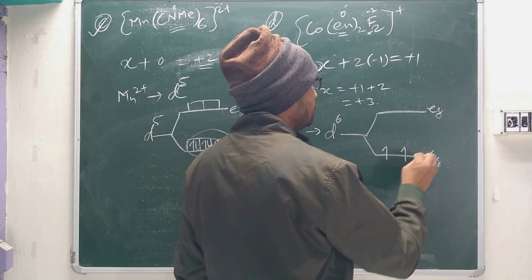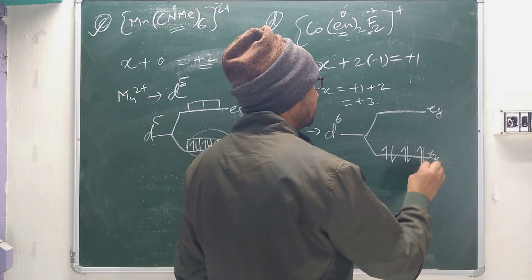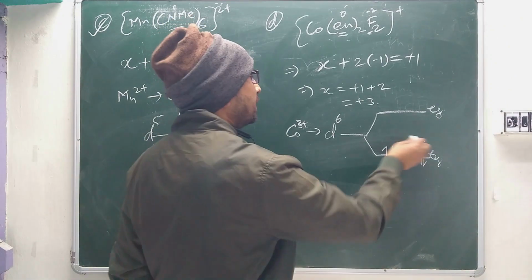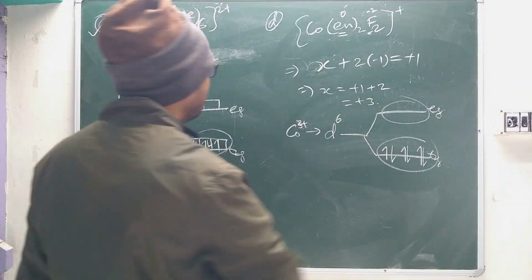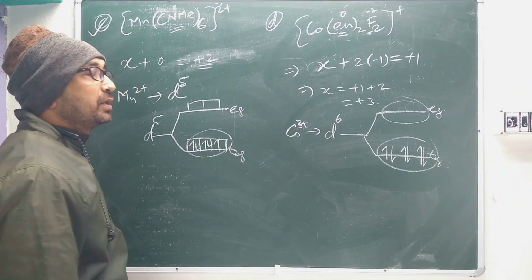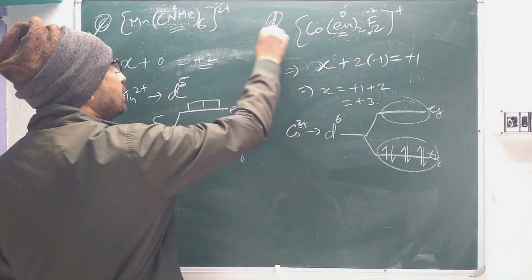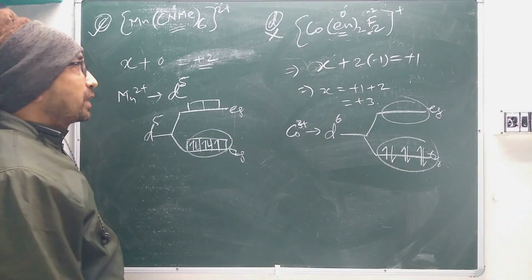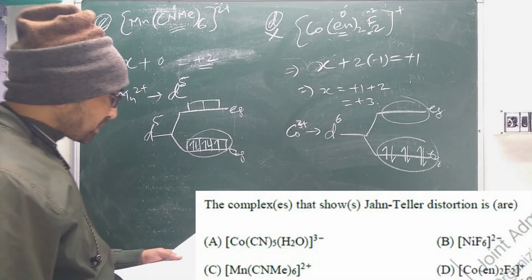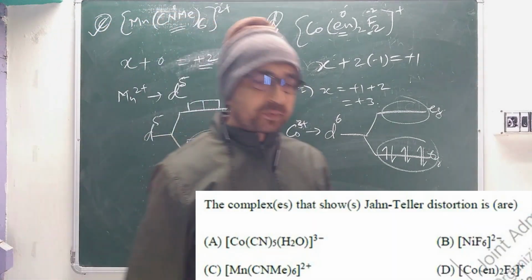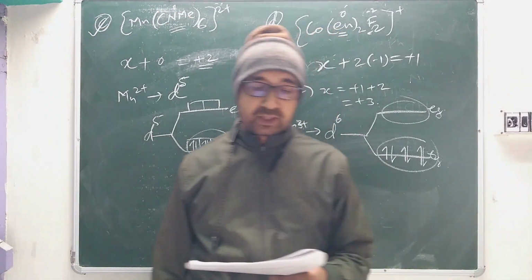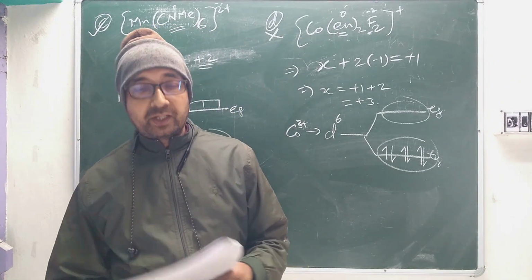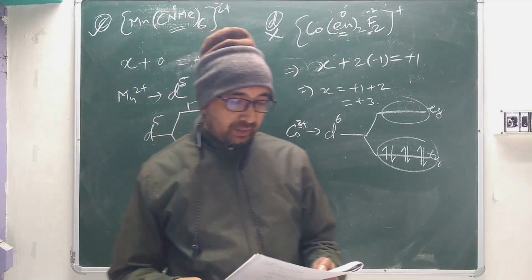So 1, 2, 3, 4, 5, 6. See here also symmetry, here also symmetry. If it is symmetry, then it won't give Jahn-Teller distortion. Option D is also not correct. So option A and option C are your correct options for this question, the complexes that show Jahn-Teller distortion.